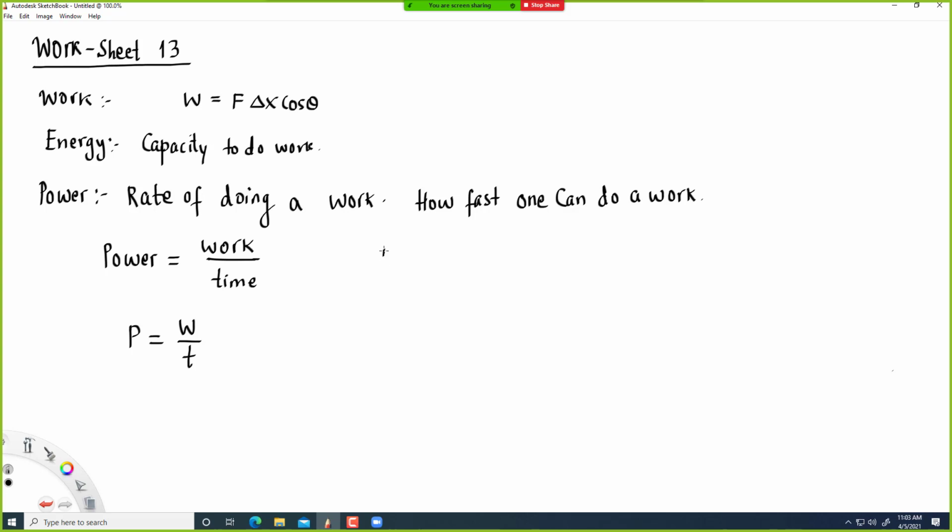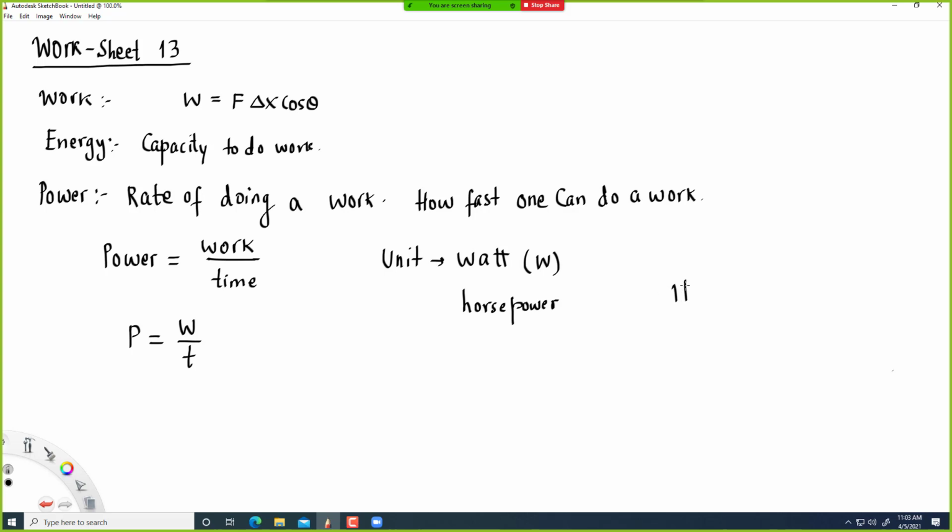The unit of power is watt. Okay, W-A-T-T, watt. The symbol for watt is W. Sometimes it's expressed in kilowatt, if it is a large amount of work. And sometimes it's also expressed in horsepower.